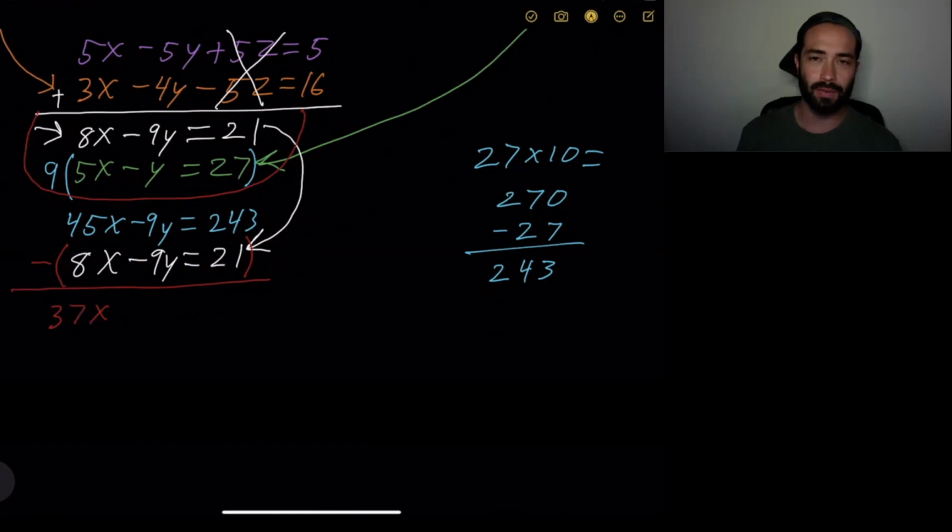Well, negative 9y minus minus really means negative 9y plus 9y, and that is 0. So those cancel out. All right, now we have 243 minus 21. 243 minus 21. All right, and that is 222.